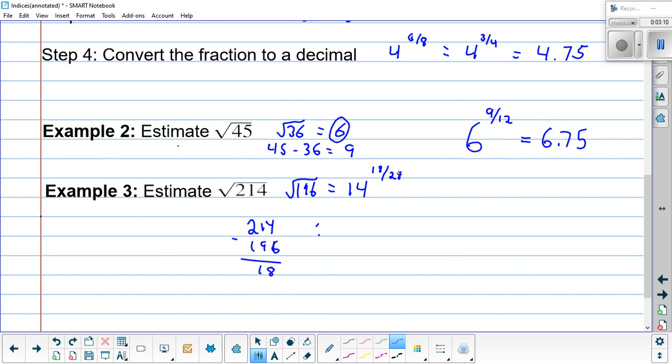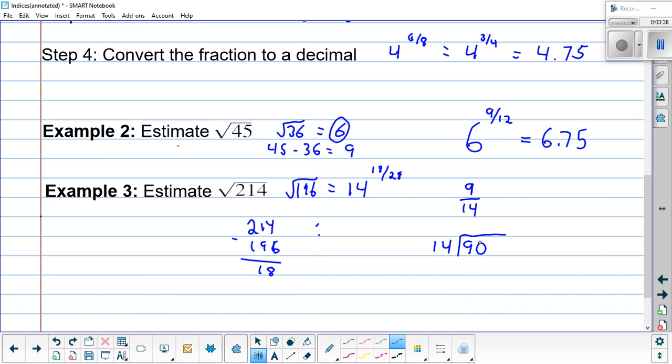Now we have to work out what 18 over 28 is. How can we simplify this? I'm going to make it easier by writing it as 9 over 14. That doesn't help too much, so we're going to have to do some long division, or short division. How many times does 14 fit into 90?